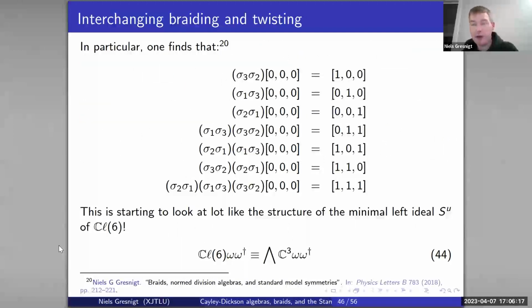However, if you look at product of braid generators, you seem to get the characters that you want. And now if we look at the left-hand side of these that we found for the minimal ideals for CL6 over the ladder operators.